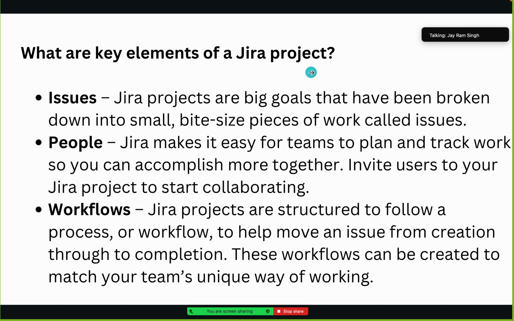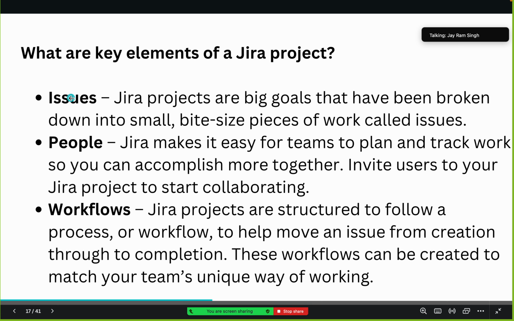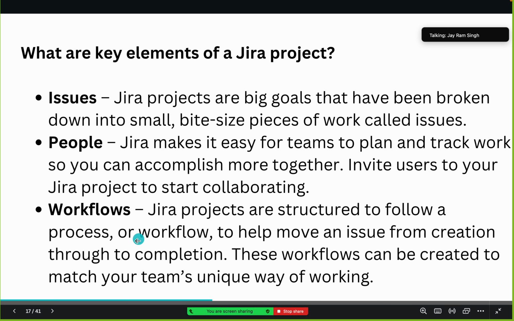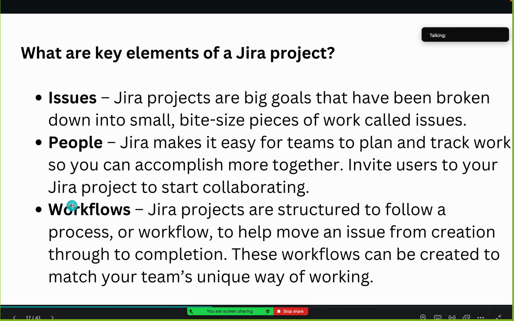Key elements of JIRA project, right? I think we're talking about this, right? Issues, people, and workflow. So whenever you're creating any JIRA project, these are the three main elements. We talked about the issues. Now we'll talk about the workflow. And next we'll talk about the people tomorrow.